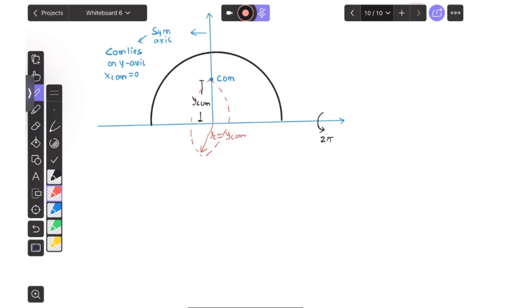If I rotate this semicircular ring about the x-axis, not the y-axis, then for one full rotation it generates a hollow sphere in 3D, and the center of the mass undergoes circular motion whose center is the origin and whose radius is equal to YCM. I hope all of you agree to it.